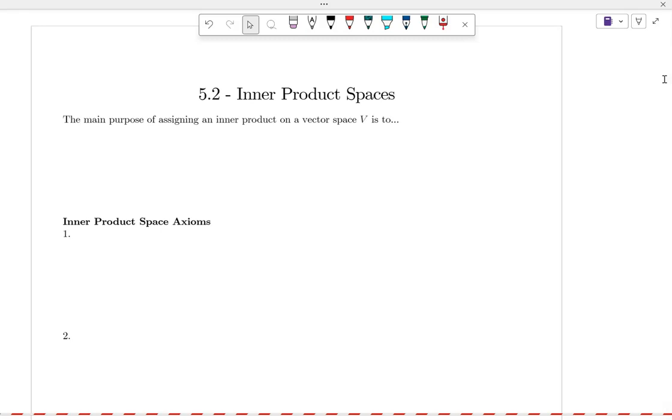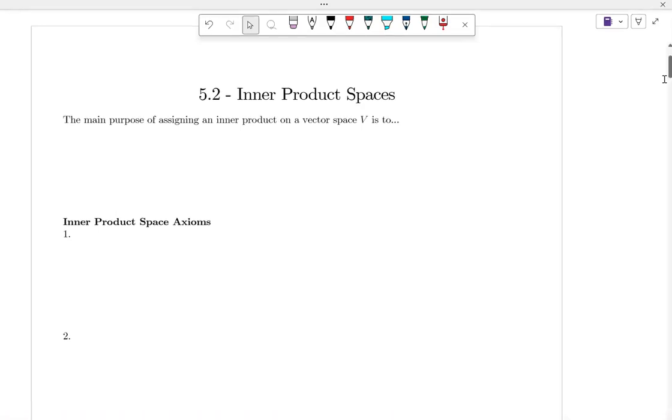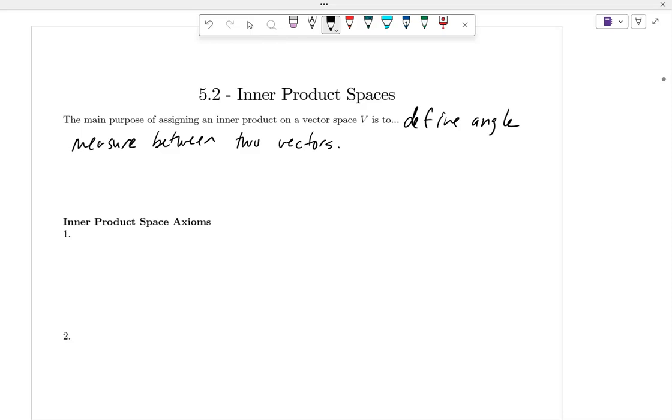So that's our main purpose of assigning an inner product: to define angle measure between two vectors. To give a little bit of a hint as to why we might want to do this, what do we use for the standard basis for R3?